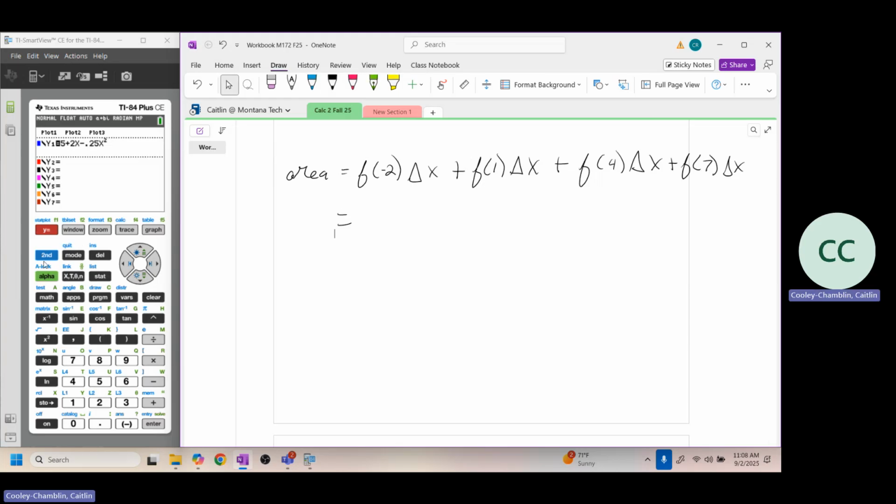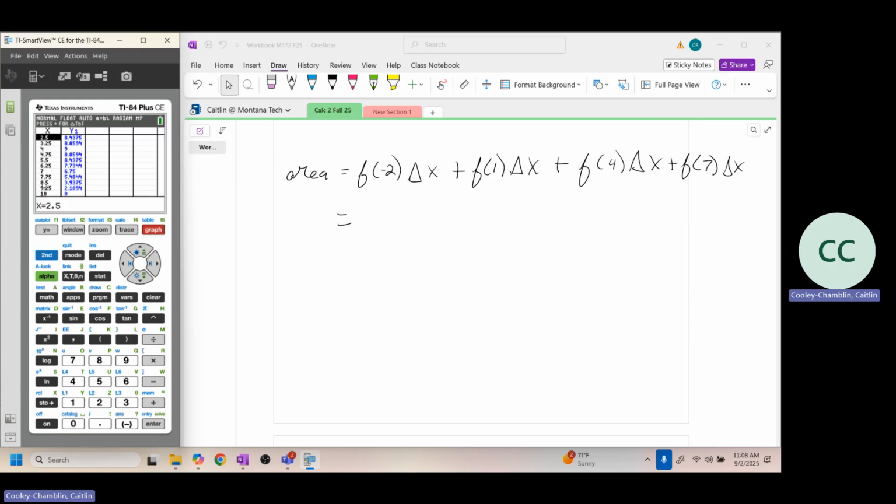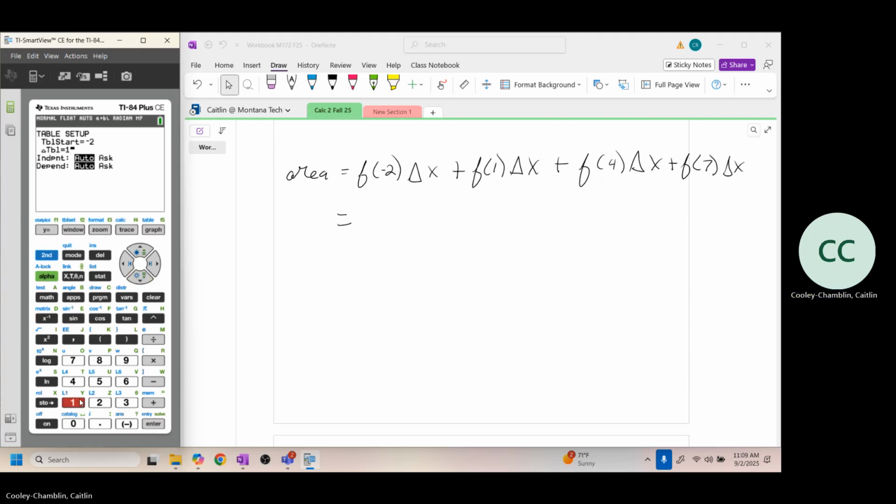And what I'm going to do is I'm going to hit second, I'm going to hit graph. So it brings up my table. My table is not very pretty, so I'm going to go in and fix this. I'm going to hit second window, and I'm going to start this off at negative 2, and I'm just going to have it go up by 1. So now I'm going to hit second graph.